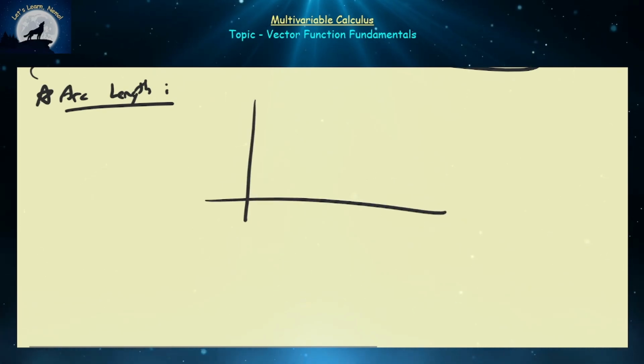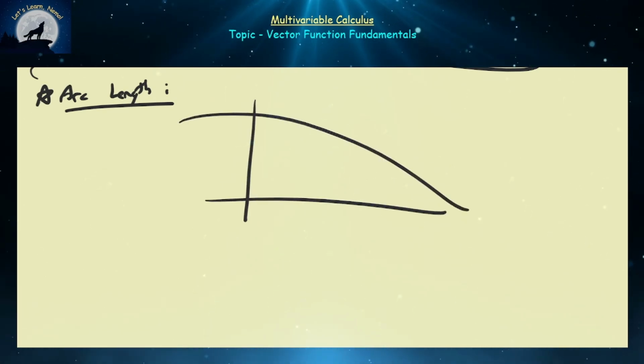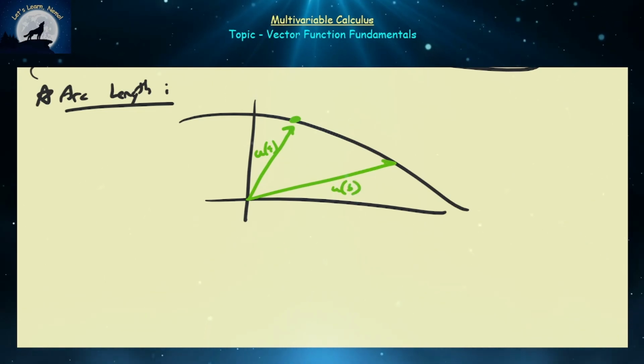If we have, for example, some function here, and let's assume that this here is u of a, and this is u of b, and obviously we're traversing in this particular direction.